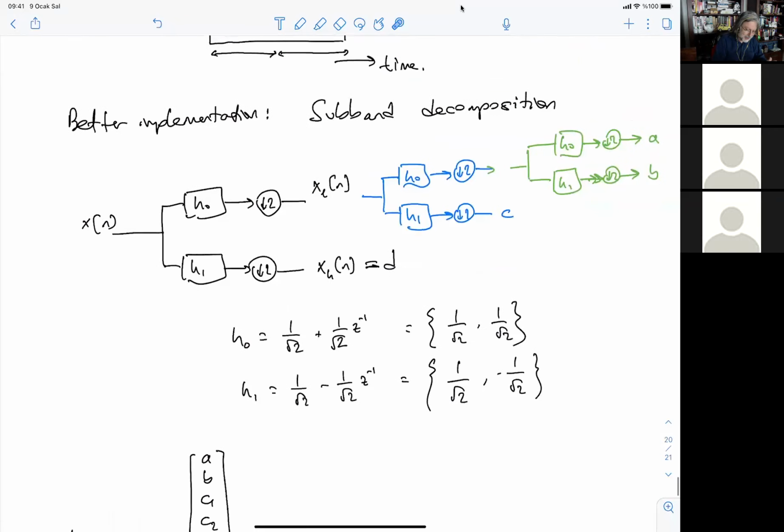It's quite a different way of taking the transform. And it's easy because it's just filtering and downsampling. It's as easy as making a matrix multiplication. And in fact, this one is a little bit more efficient than that. So we will talk about these things in the next week. So right now I will stop at this point and we will continue next week.